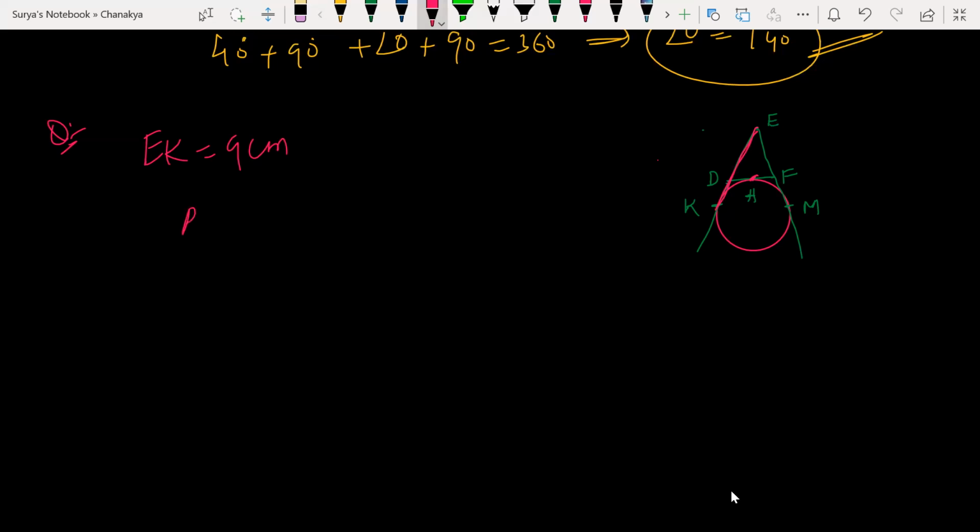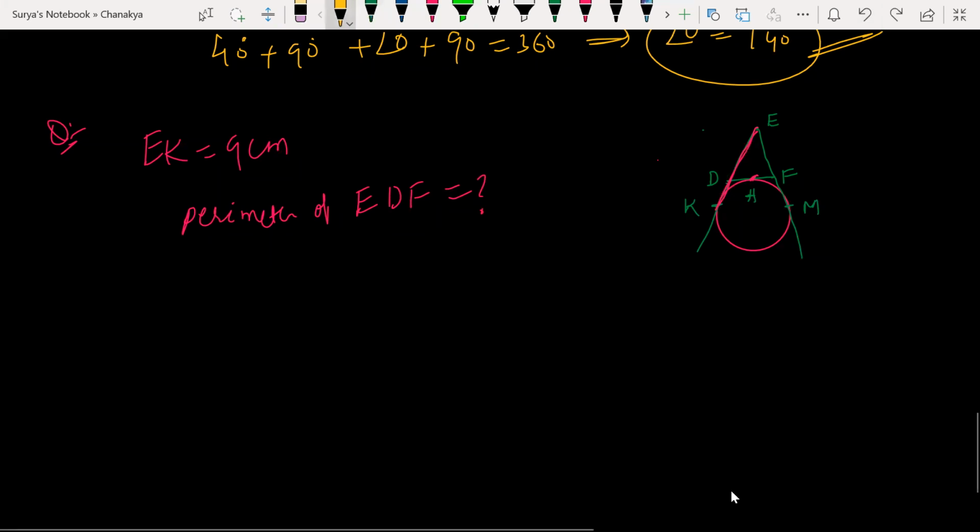Perimeter of triangle EDF is how much? What is the perimeter of this one?